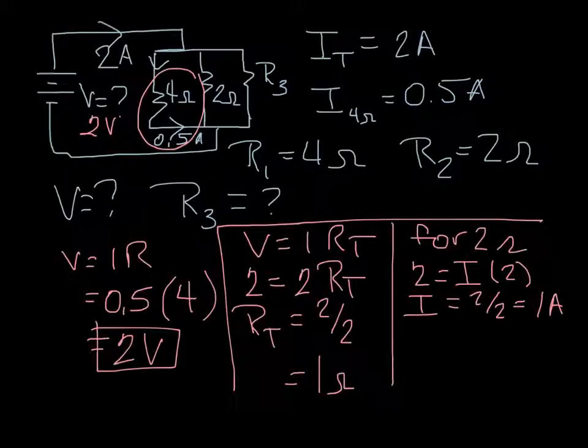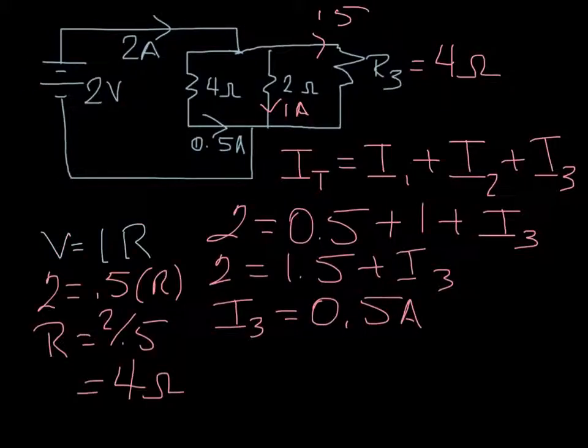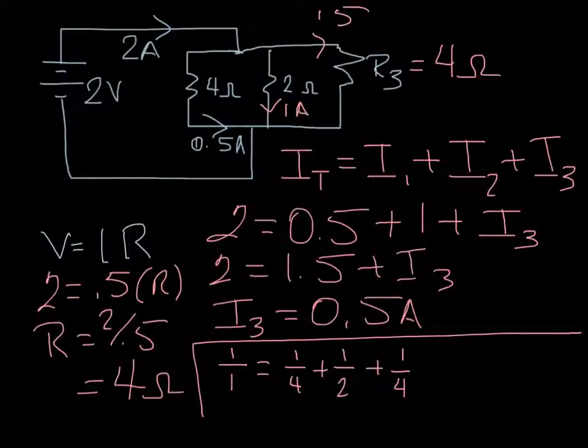Okay, so what else do we know? We know V equals I R. We know our current is 2 amps in the entire circuit. We know the voltage is 2. So V equals IR gives us resistance has to be 1.